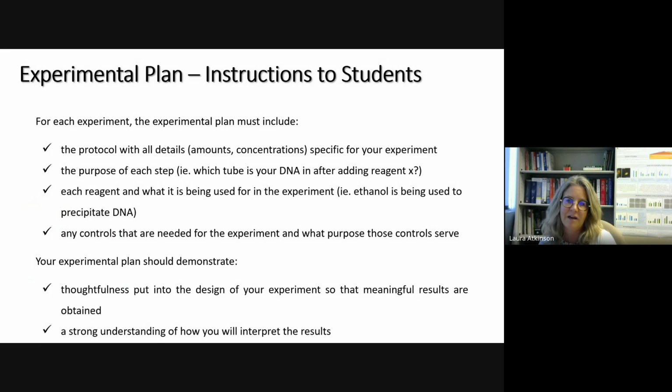So they need to know how much reagent they need to prepare. All of these are pre-thinking exactly what we would all do, but forcing them to do it before they come to lab so that they can actually get the work done in the lab time. They also have to demonstrate that they understand how they'll interpret the results.